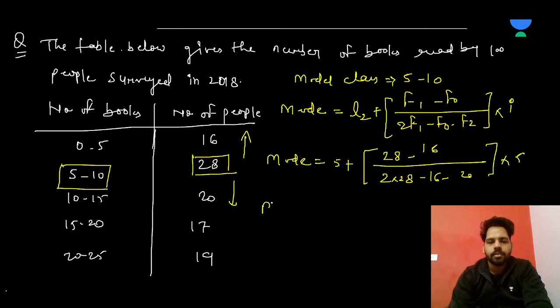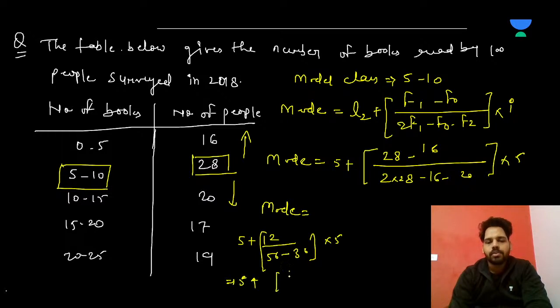Now you can work it out. So mode is equal to 5 plus, 28 minus 16, that is 12, upon 56 minus 36, that is 20, into 5.